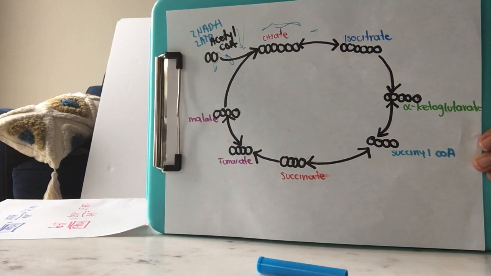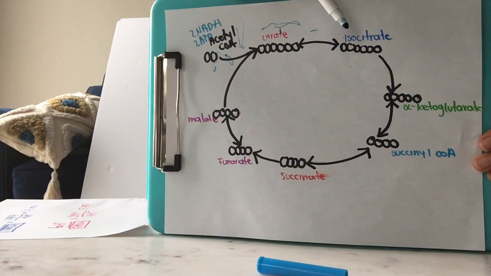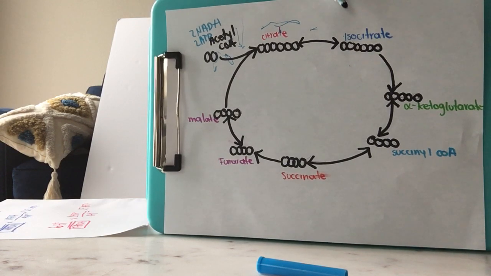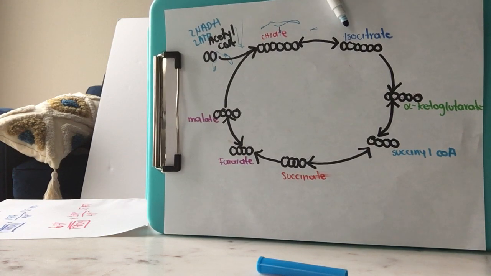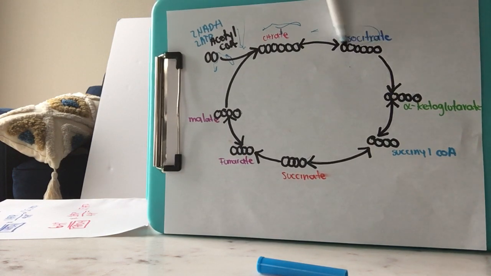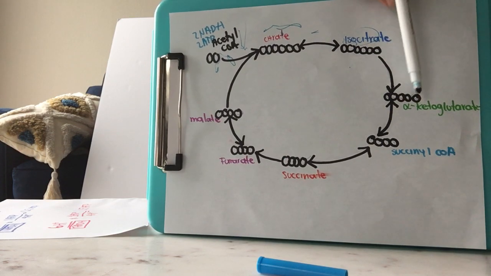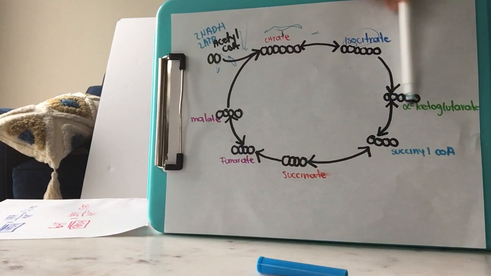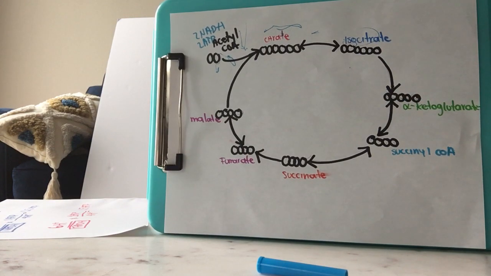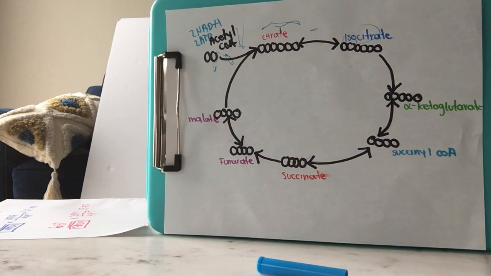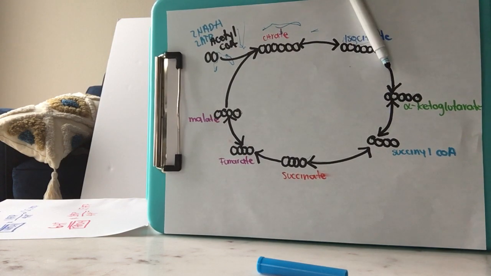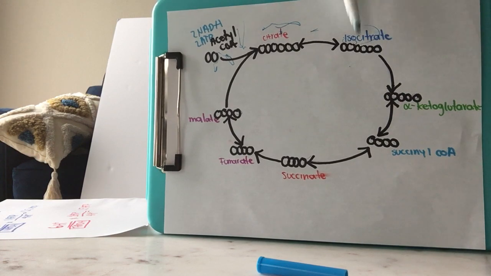After the citrate converts into the isocitrate, then this converts into the alpha ketoglutarate here, which is a 5 carbon molecule. So here we see that we lost a carbon, which is lost in the form of carbon dioxide, or in the process of decarboxylation.